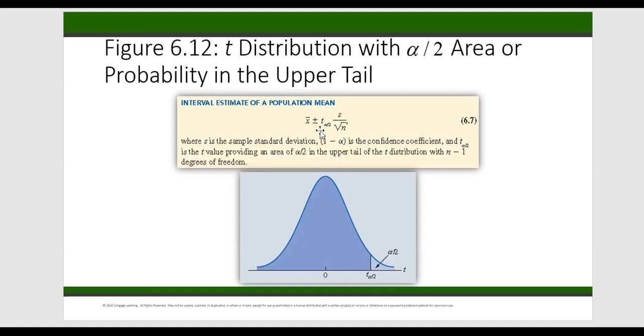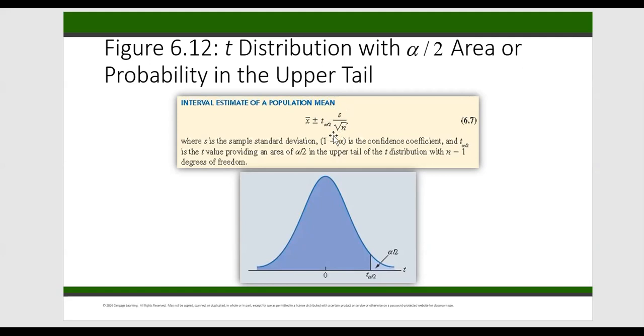Margin of error for population mean would be a t-value, t half of alpha, times standard error. S divided by square root of n is called standard error.